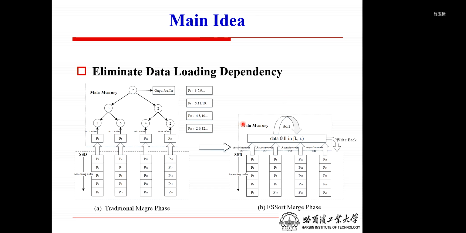Our solution is that we generate data intervals in the round formation phase, and the data intervals don't overlap each other, so we can load the data falling in each interval in parallel in the merge phase. What we need to do is to ensure that the data falling in each interval will not exceed the size of memory. This is the difficulty. We have proved through theory that our method meets the above requirements.